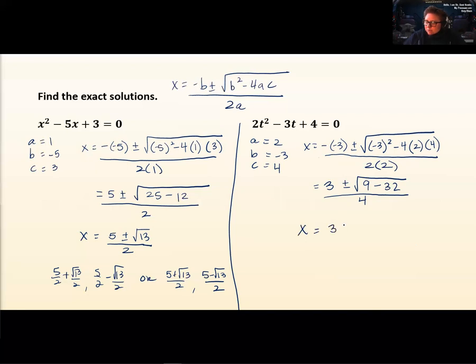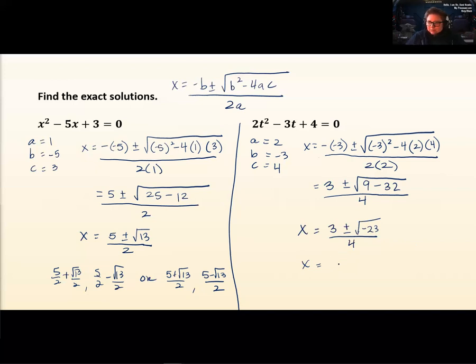Simplifying it a little bit more. What is 9 minus 32? Negative 23. Now, remember, this is the square root of negative 23.